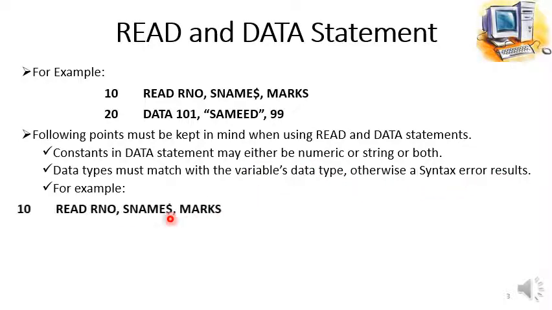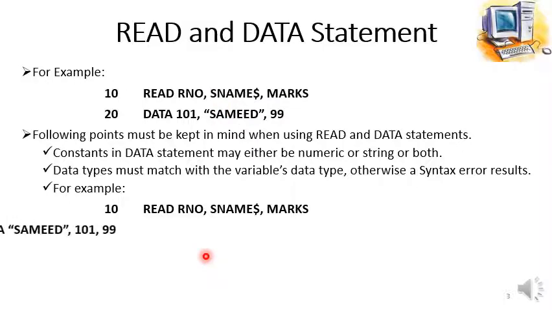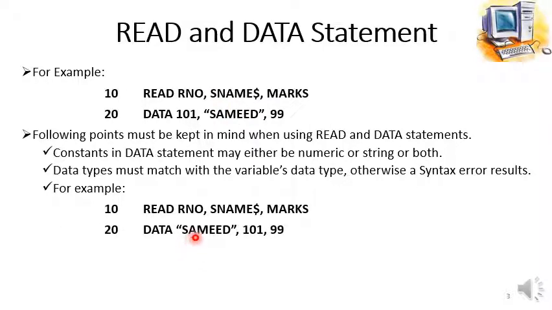For example, we have the read statement just like given in the above example, and in the data statement the first value is a string constant, that is Samir, enclosed in double quotation marks, and the program tries to store this value inside roll number, which is not possible, and 101 is a numeric value which the program will try to store inside the sname variable, which is a string variable.